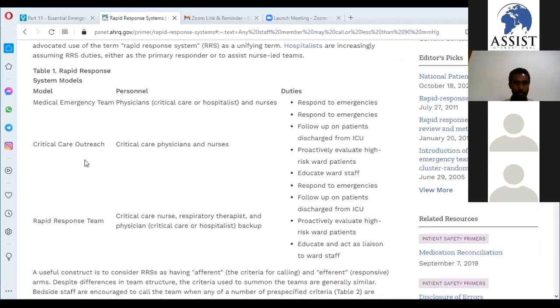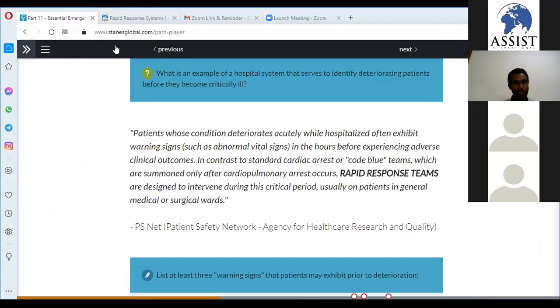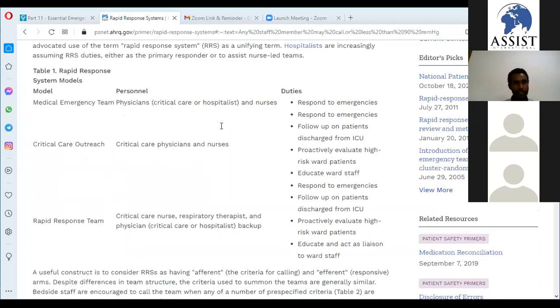So there are different models. The health professionals that can be included in the rapid response teams include physicians, like critical care specialists, the emergency specialists, or nurses who are specifically trained for emergency critical care cases.